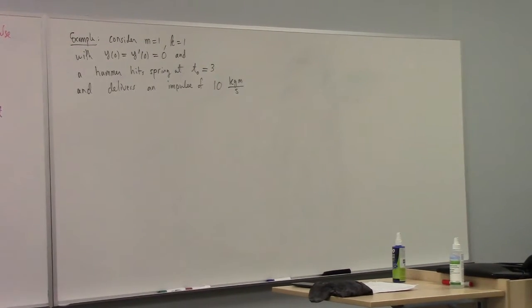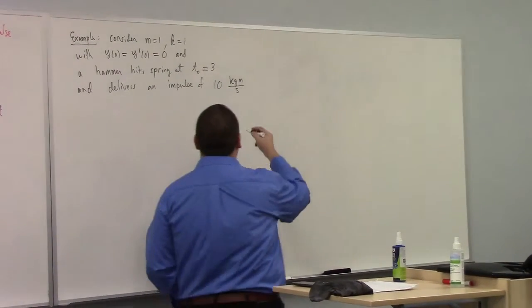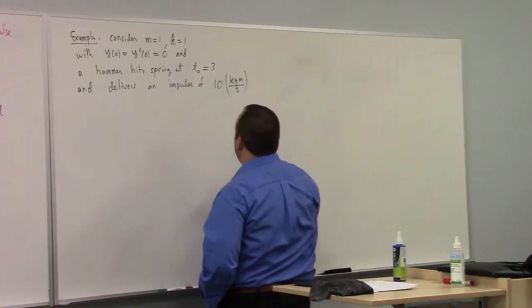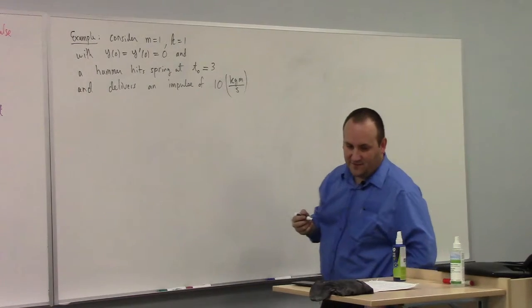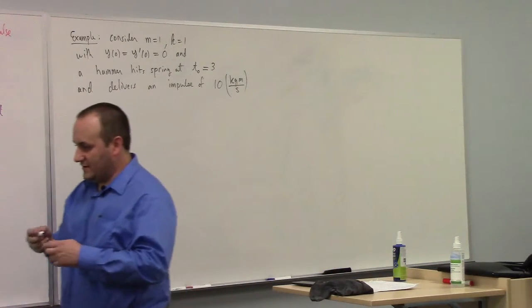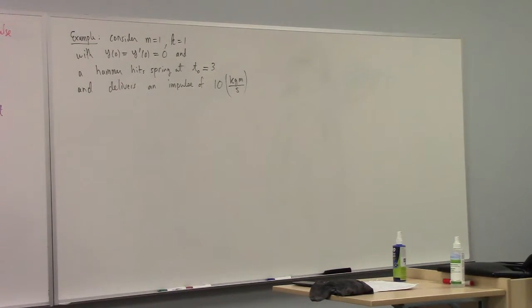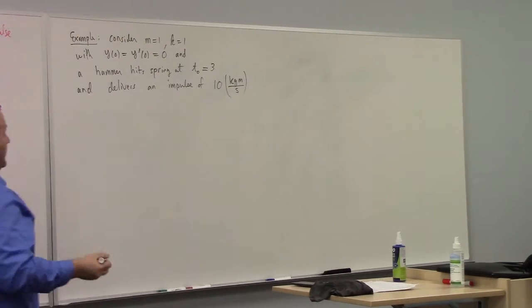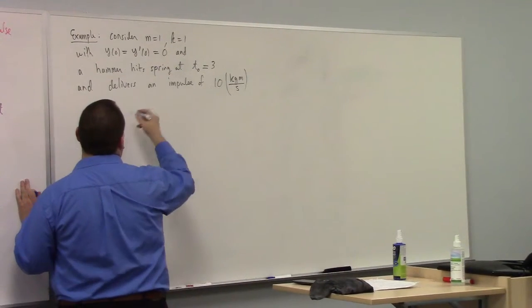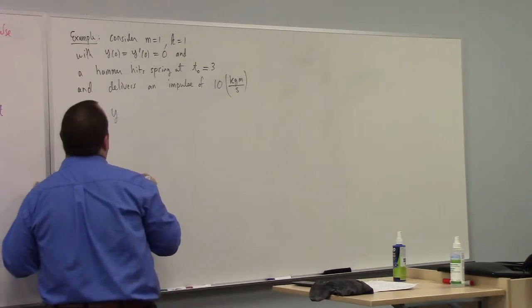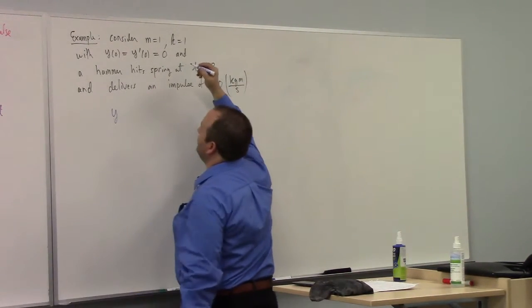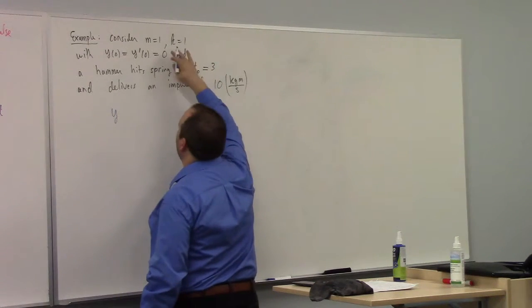Okay, but again, let me put that in parentheses because you know by now I'm not going to write kilogram meters per second in my formula because it offends me and uglifies the problem, so I refuse. But, okay, here we go. What's our Newton's equation? I'll make these both 1.